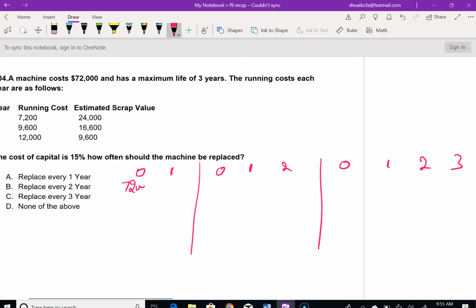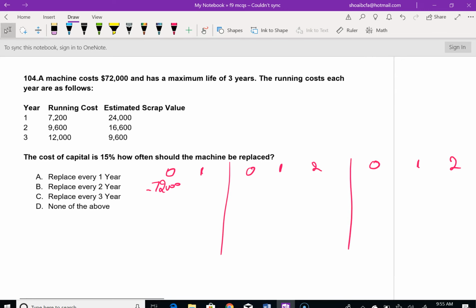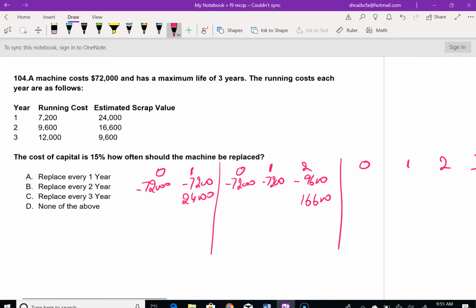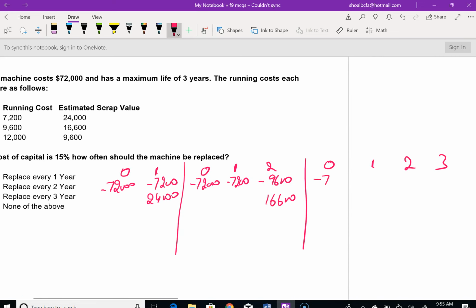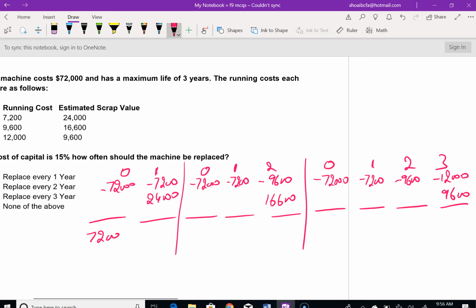72,000, 7,200, 24,000. Okay, and this will be 24,000.